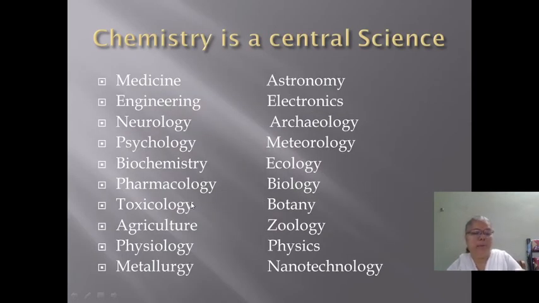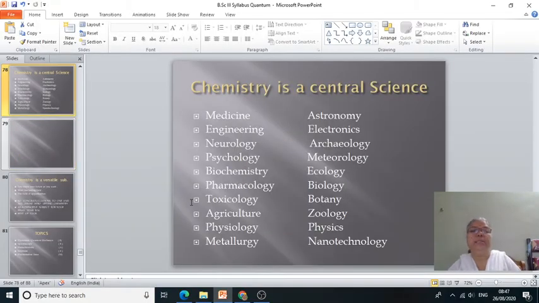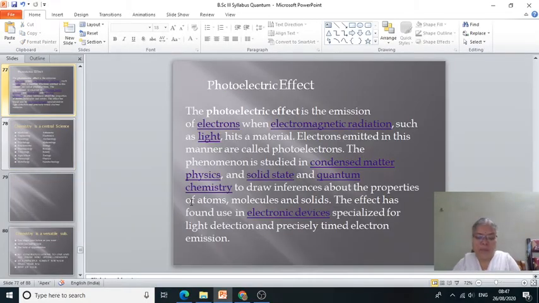Then the characteristics of the photoelectric effect. These are: first characteristic, photoelectrons are emitted only when the frequency of incident light exceeds a certain minimum frequency, that is the frequency of light required to eject an electron.